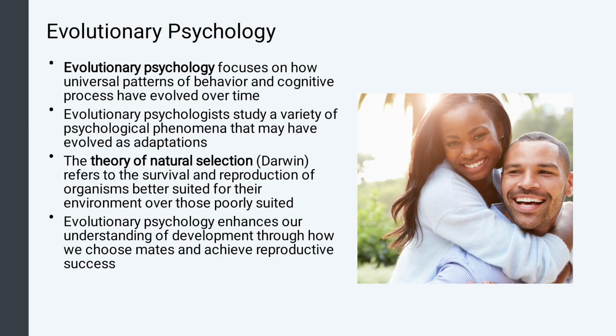Evolutionary psychology enhances our understanding of development through how we choose mates and achieve reproductive success. It lets us understand how important it is to choose mates, because as we know, in order for us to survive, we need to reproduce.